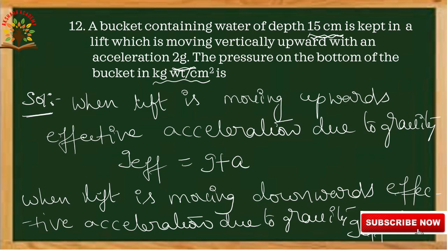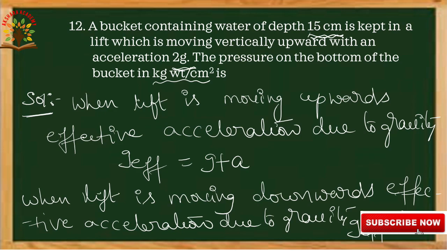Remember that when the lift is moving upwards, as in this question where the lift is moving vertically upwards, the effective acceleration due to gravity, g effective, is equal to g plus a.